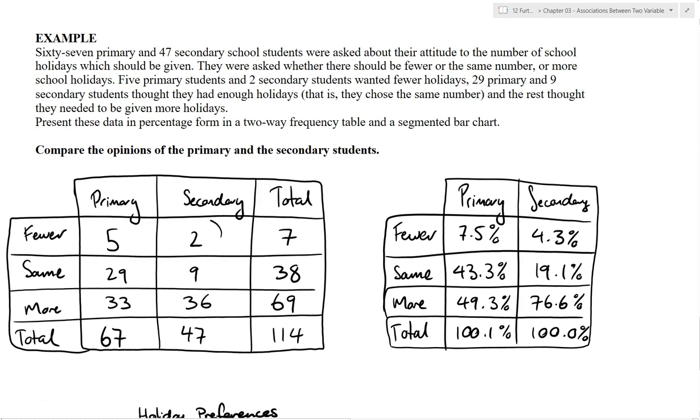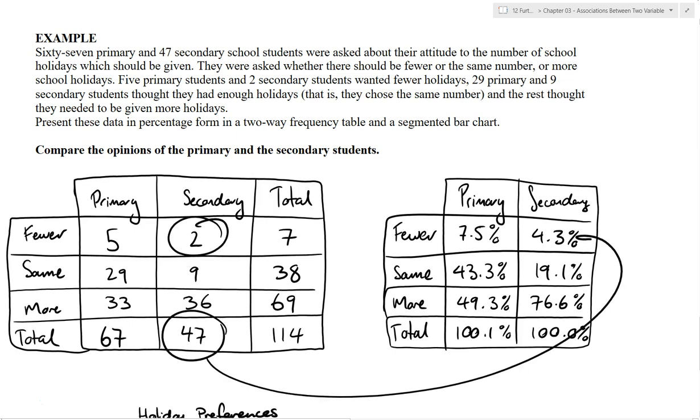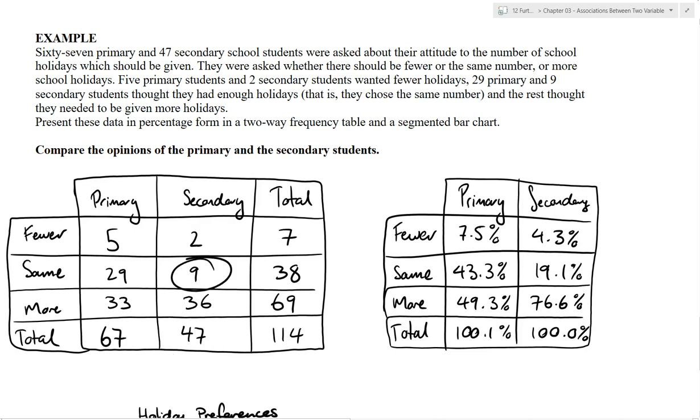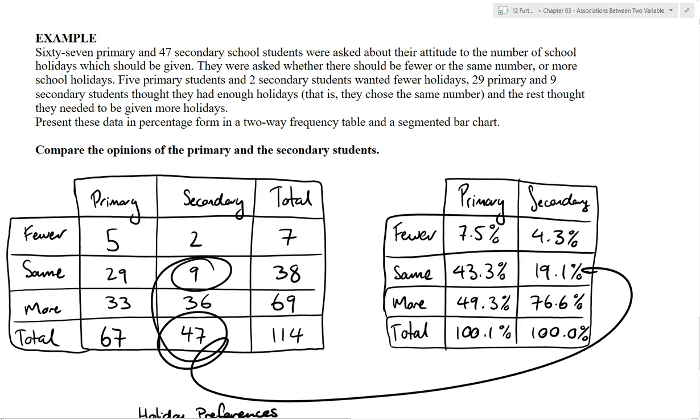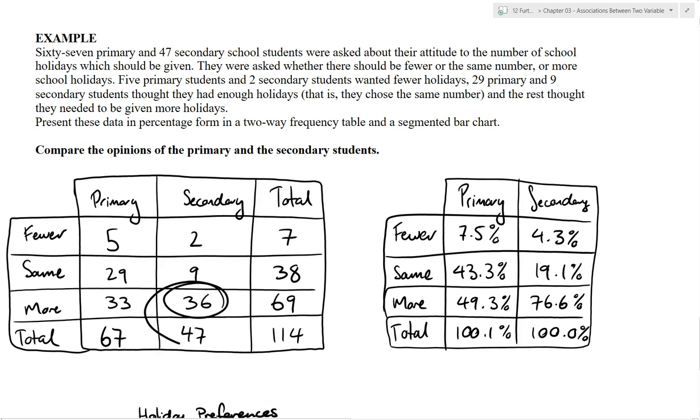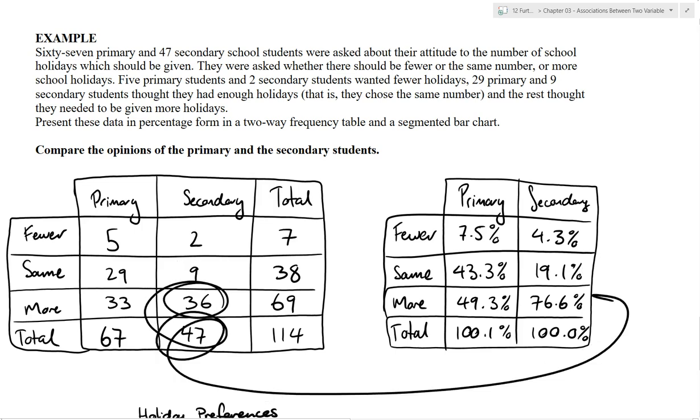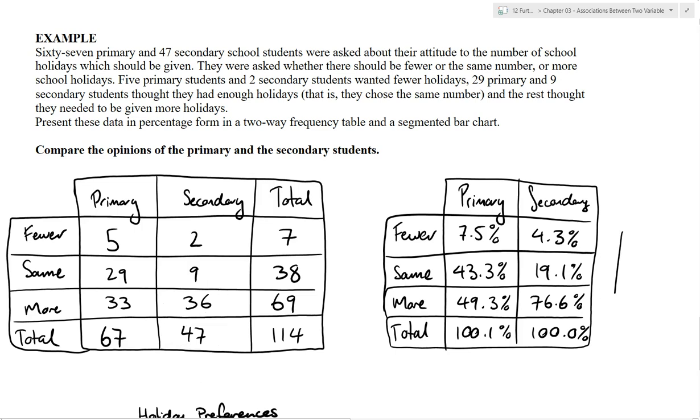Then, same here, 2 out of 47 gave me 4.3. Then I did 9 out of 47, and that gave me 19.1. And then I did 36 out of 47, that gave me 76.6. Then I added those up, and it came to 100.